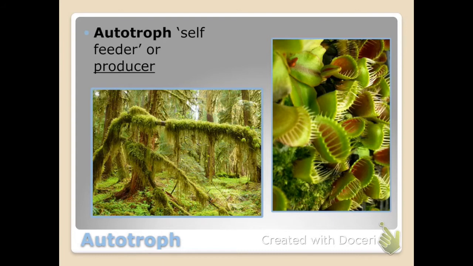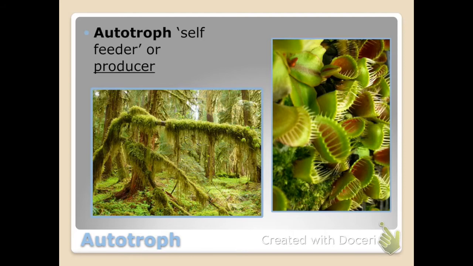And photosynthesis is a process in which inorganic molecules are converted to organic molecules using energy from the sun, and then are made available to other organisms. And so autotrophs, of course, are those that undergo photosynthesis.